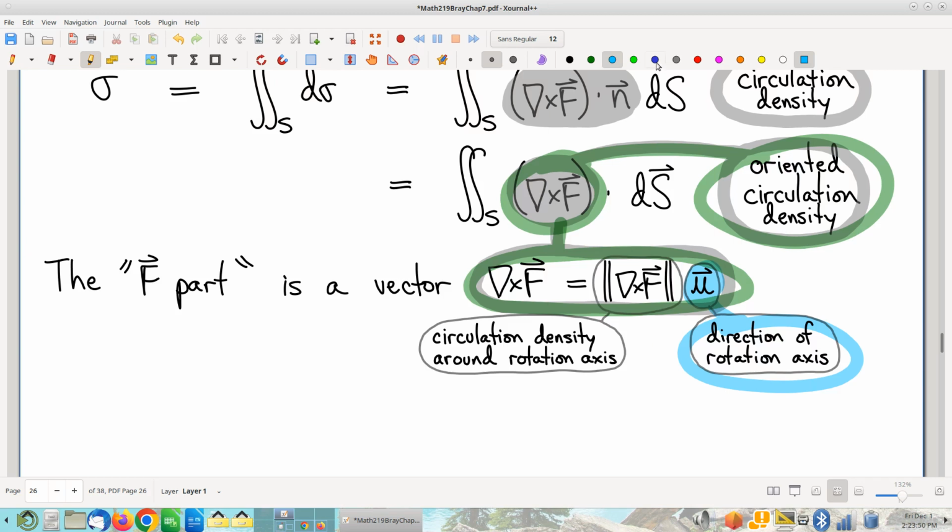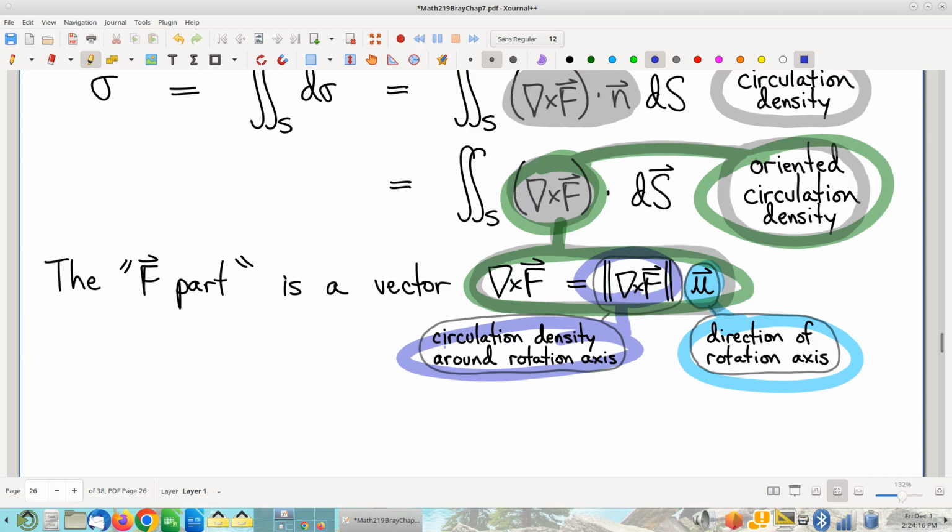And the magnitude tells you how much of a rotation is happening. Is this a gentle sort of rotation, something kind of slow like this, or is it a really fast, like a tornado kind of deal, where the fluid is rotating around really, really violently?